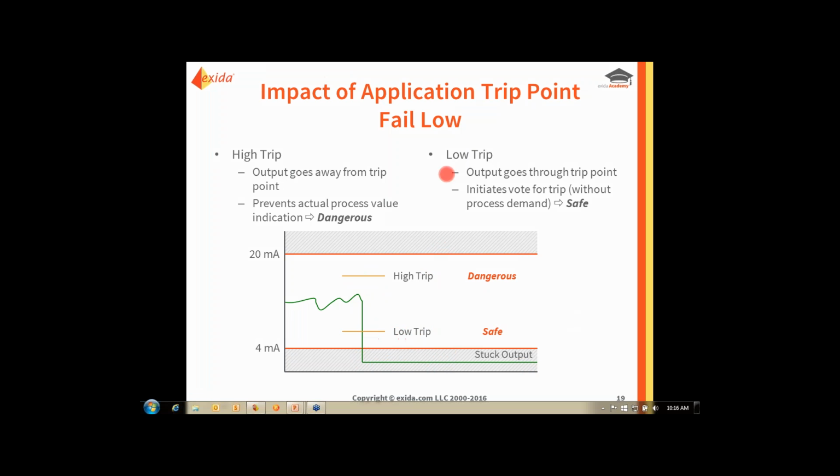So low trip, fail low is safe. High trip, fail low is dangerous. So it's the opposite of the fail highs, but we can clearly see that how we implement that transmitter will impact how we need to classify the failures. And that's why the FMEDA provides you fail high and fail low failures, because at the point that the FMEDA is done, we don't know if you're applying it to a high trip application or a low trip application.